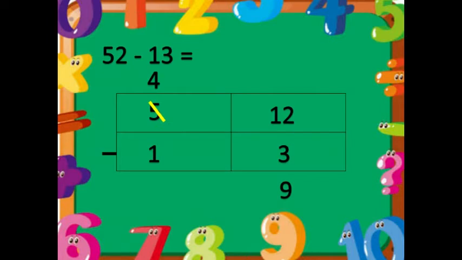As we all know, we borrowed 1 from 5. That's why the 5 becomes 4. And now we will use 4, not the 5. So 4 minus 1, the answer is 3. That's why 52 minus 13 is equal to 39.